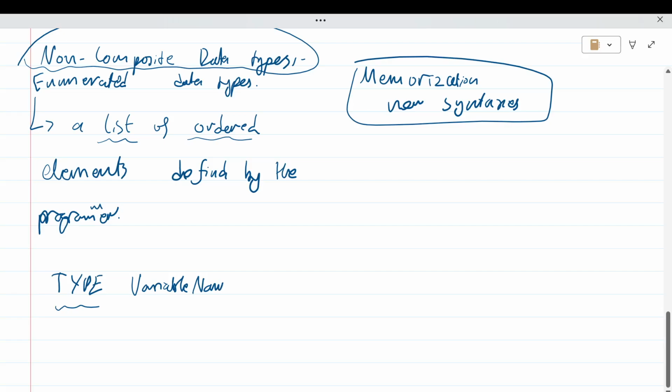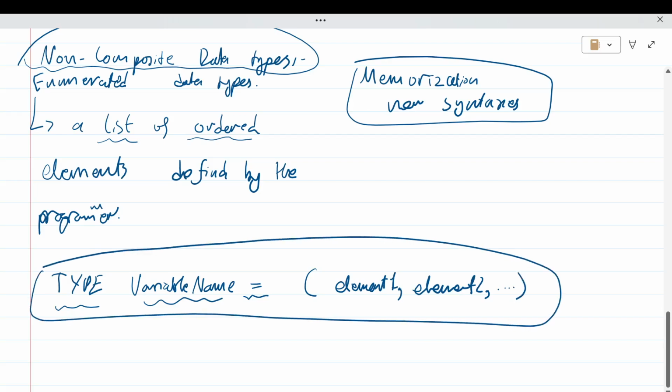And then an equal sign, and then in brackets you write everything that you want to write, like element 1 comma element 2 comma and so on, and then you close the brackets. This is the simple syntax for it all.